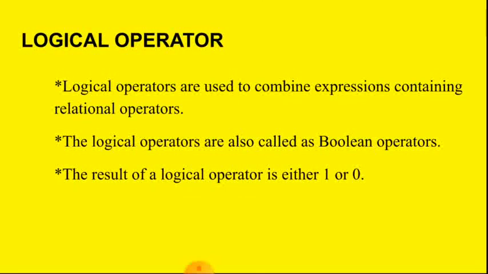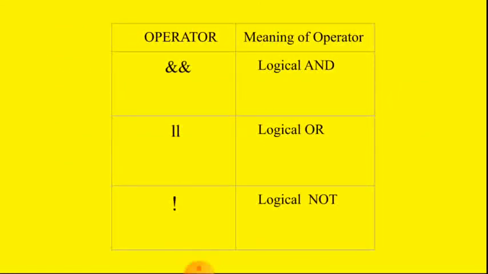Logical and, logical or, logical not. These are the logical operators in C. And this is the symbol of logical and, logical or and logical not.